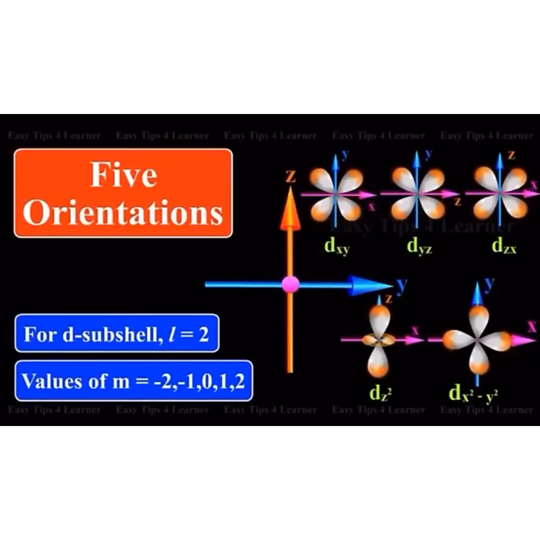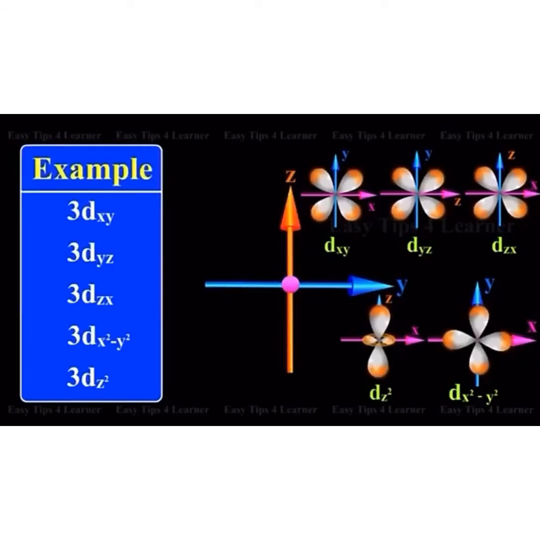The shape of all d orbitals is similar to each other except dz square. All 5 d orbitals are equivalent in energy and are known as degenerate orbitals. The probability density function for np and nd orbitals is 0 at the plane passing through the nucleus.